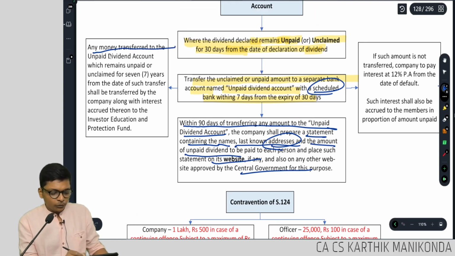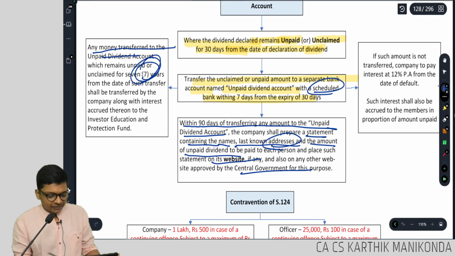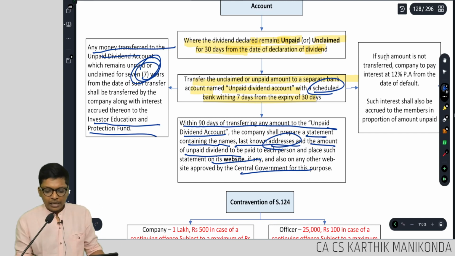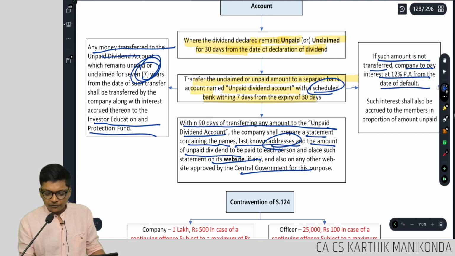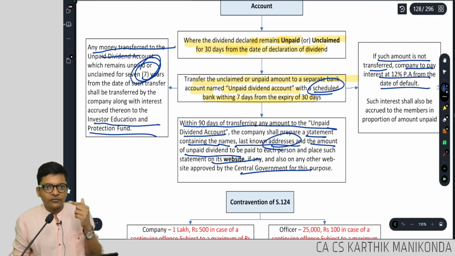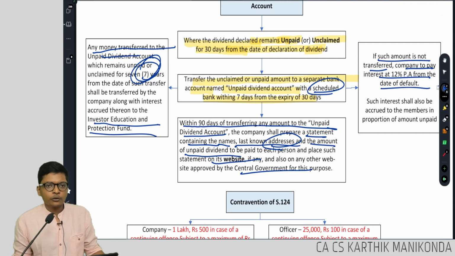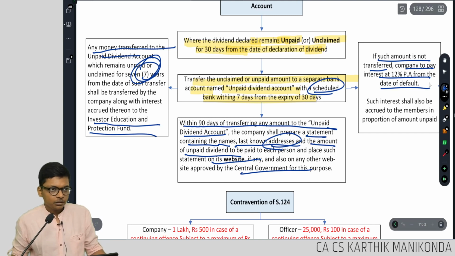Any money transferred to unpaid dividend account will stay in this account, and after 7 years I will transfer it to a fund called Investor Education and Protection Fund. If amount is not transferred, company has to pay interest of 12% from date of default. Are you following guys? Clear? This interest will go to whom? Members.